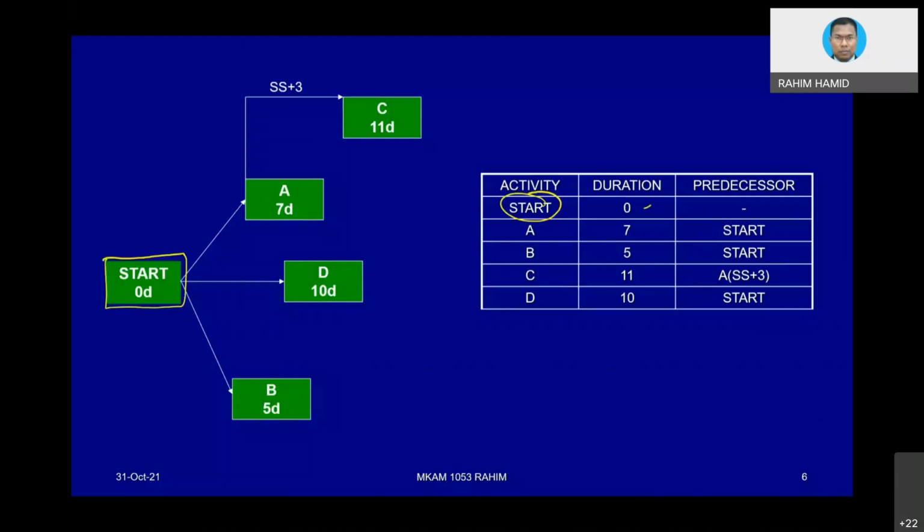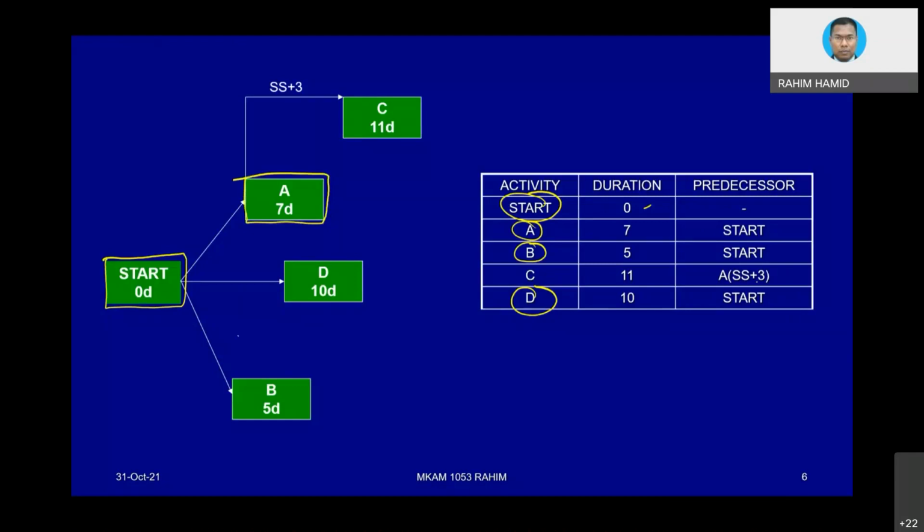And then go through the list and look at the predecessor before start. It looks like A, B, and D have start as the predecessor. Okay, so we draw A, we draw B.